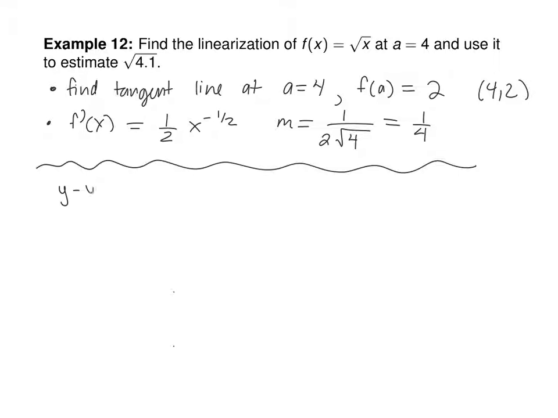Okay, so y minus y1 is m times x minus x1. So y minus 2 equals a quarter times x minus 4. And in this case, you do have to actually solve for y.